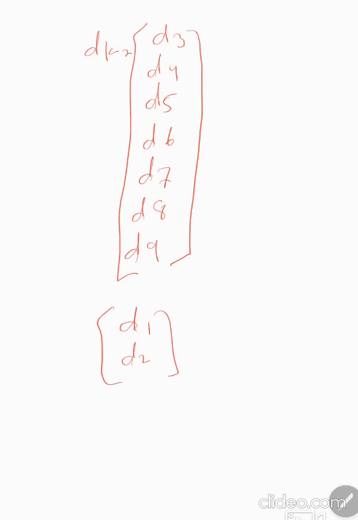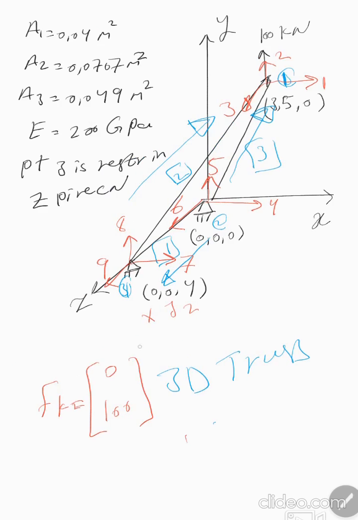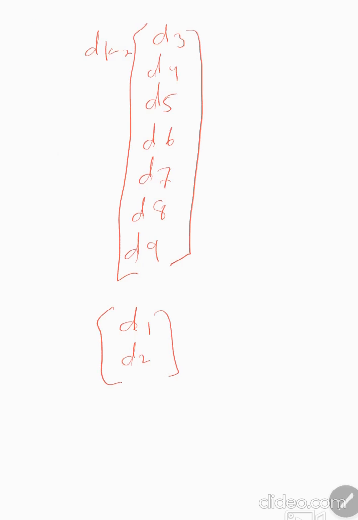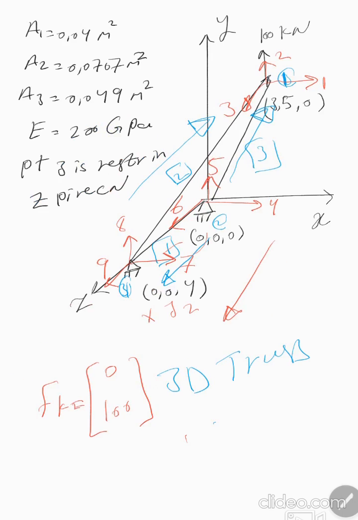If you look at the shape, this is number 1. X near is 0, because the direction is from the origin point of the X axis until node number 3. So it will be 0 minus the x near, which is 0.